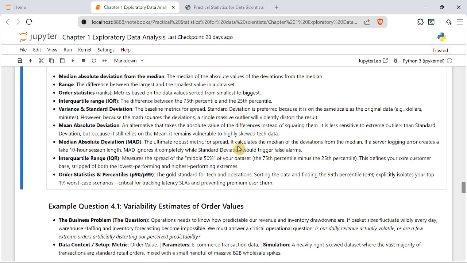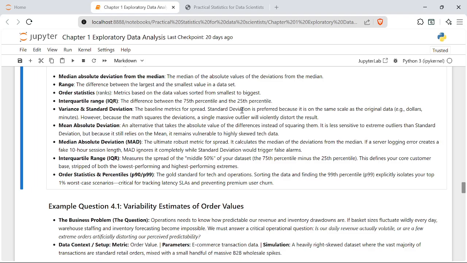It calculates the median of the deviations from the median. For example, if a server logging error creates a fake 10-hour session length, MAD ignores it completely, while standard deviation would trigger a false alarm.